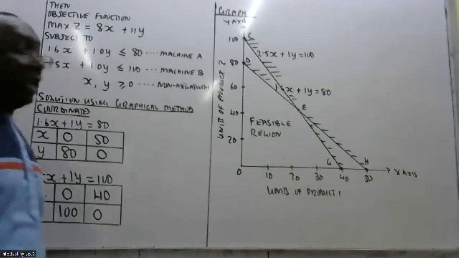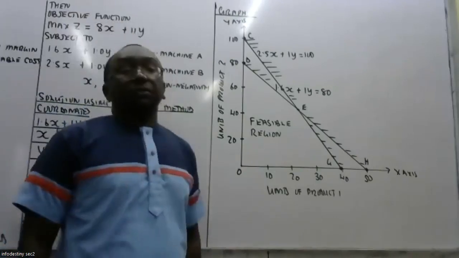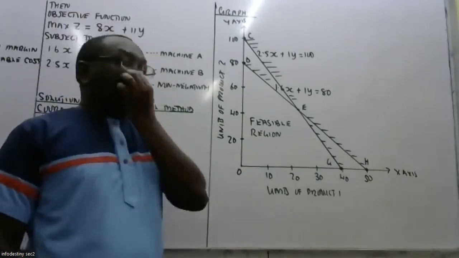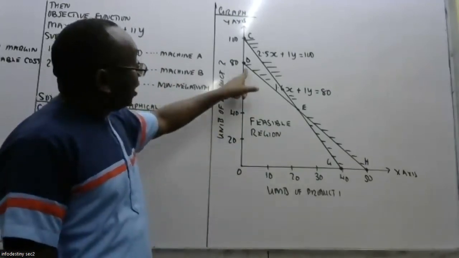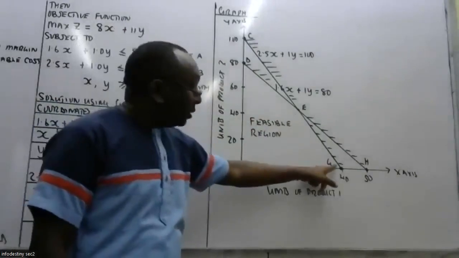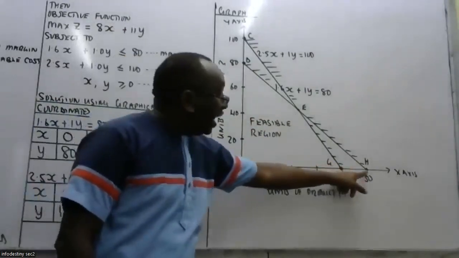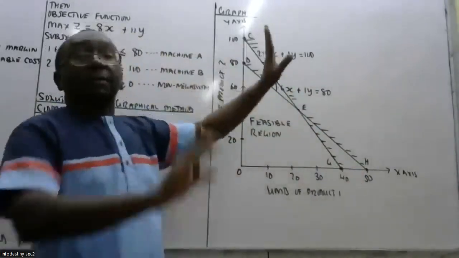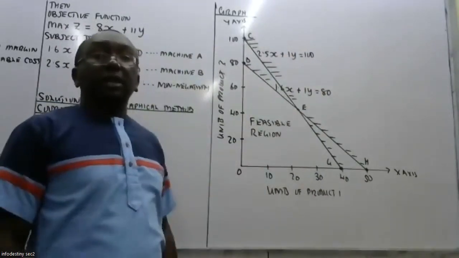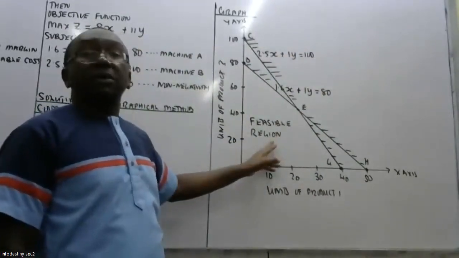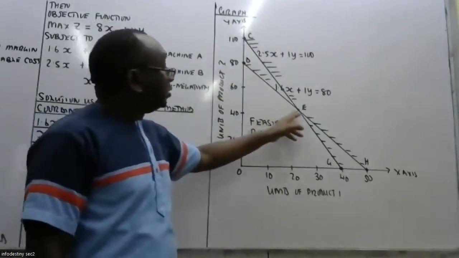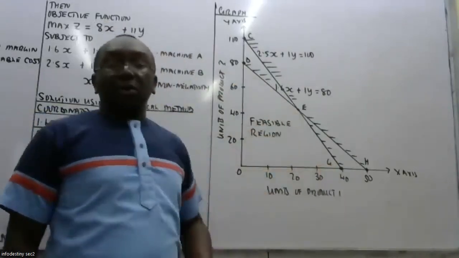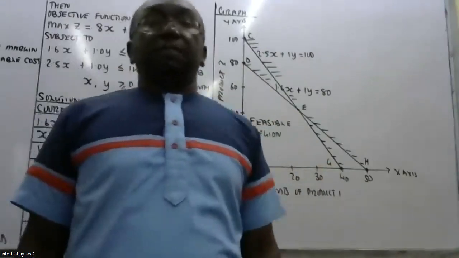Now, the feasible region is the region where we have the solutions. So the solutions are found in the corners. So it is either this corner, or this one, or this one. Now, corner H and corner C do not apply as far as the solution is concerned, because they are not corners of the feasible region. So one of them or several are the solutions.